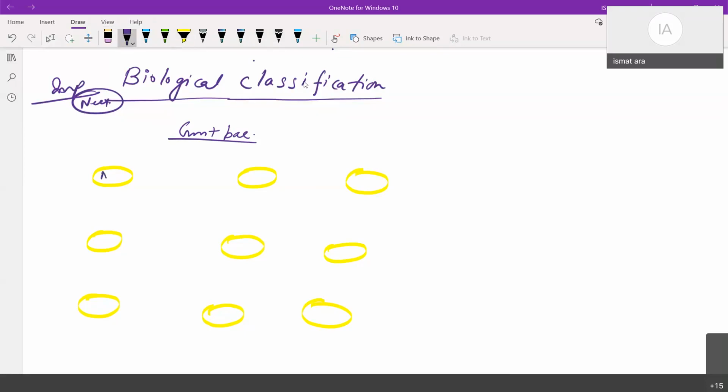These are NAG, NAM, NAG. This is NAG, so it will be NAM. Alternative arrangements. Sugars are alternatively arranged. NAG, NAM, then again NAG, NAM, NAG. These are the alternative arrangements of sugar.